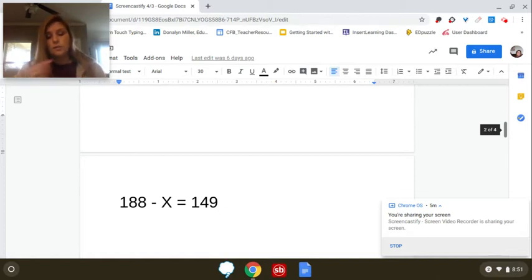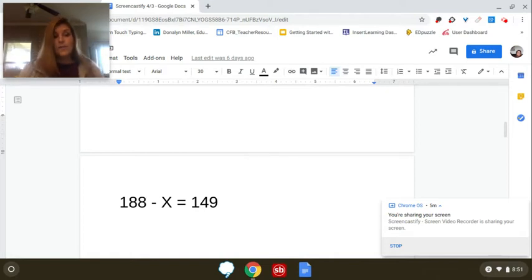Okay, so let's go back to looking at our equation here. Remember, too, whenever you look at an equation, whatever there is on the right side of the equation, I have to have that same amount on the left side of the equation.